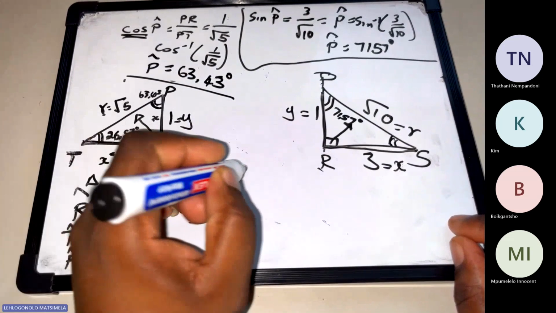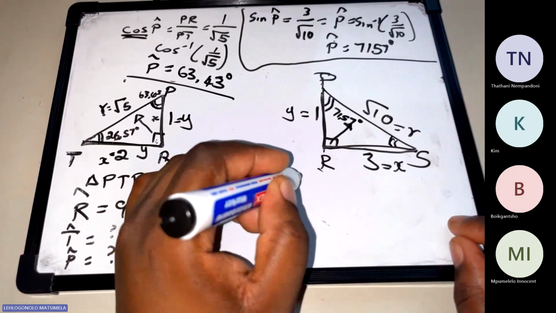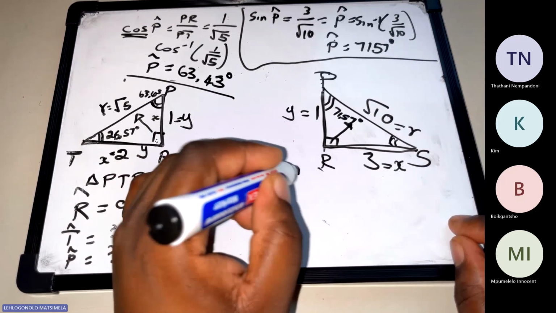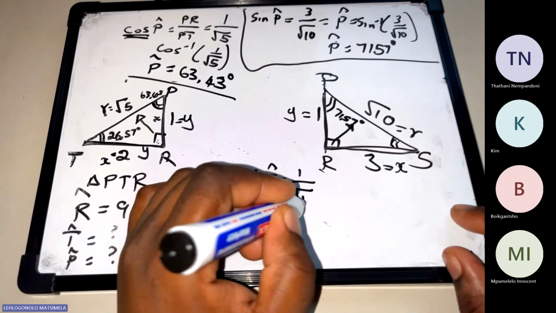If I use sine again, I'll have sine of angle S is equal to y, which is 1 over root 10.